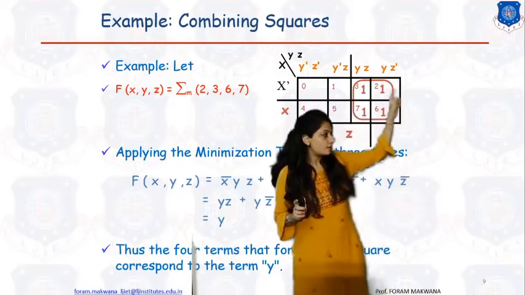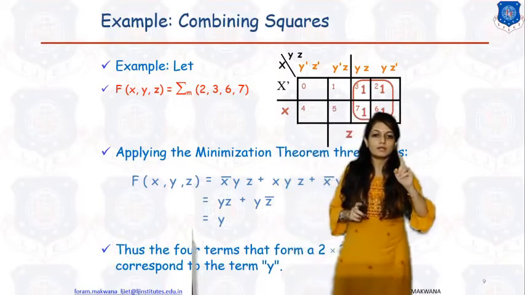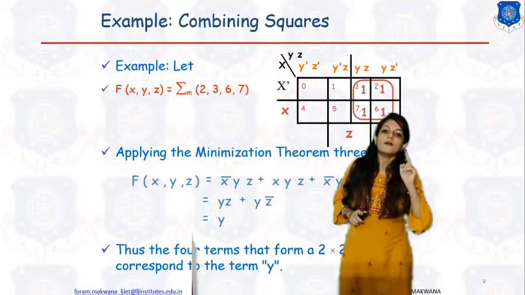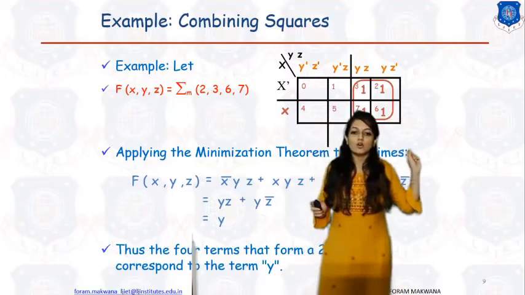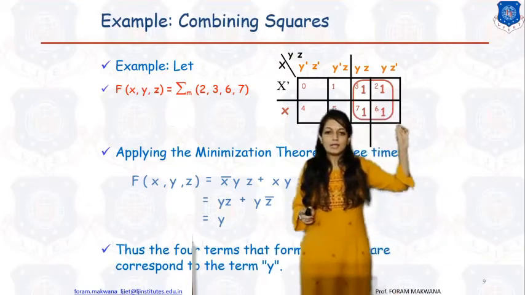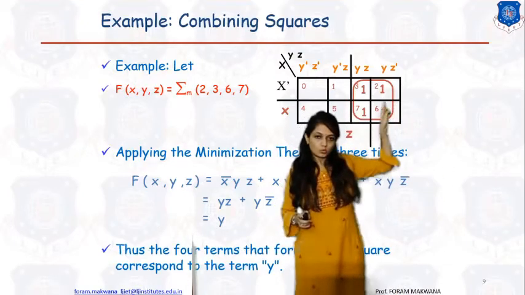Now combining squares. So over here the 4 ones are adjacent to each other. So you can make a single group. Okay. So with the help of the single group, we are able to minimize the sum of product, or you can say the Boolean function, by taking the common term. What is common in these two rows?